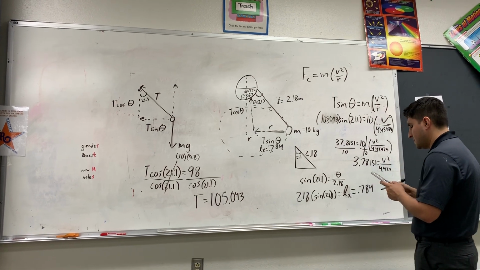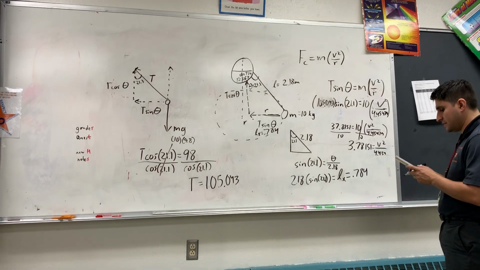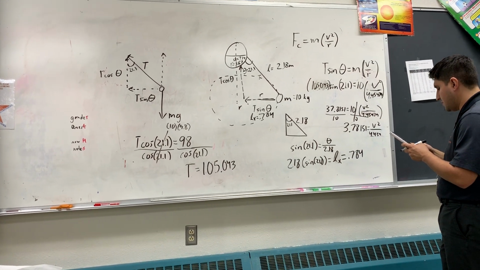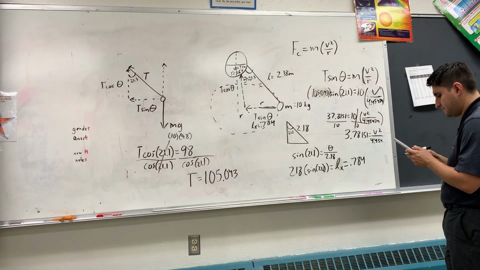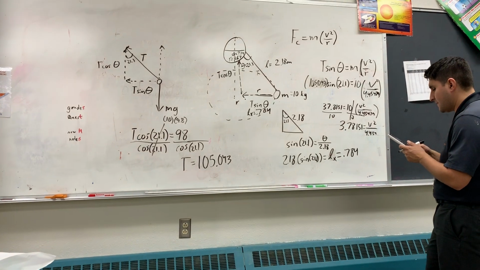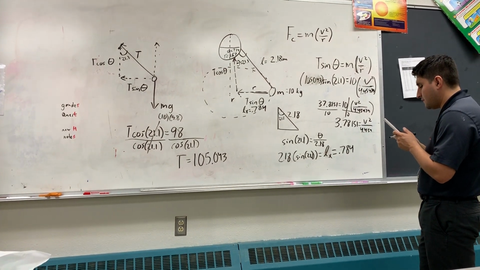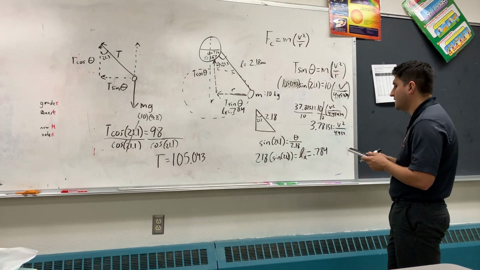4.454. So then I'm going to multiply because this is being divided. So I'm going to multiply by both sides, times 4.45479. I get 16.8459.